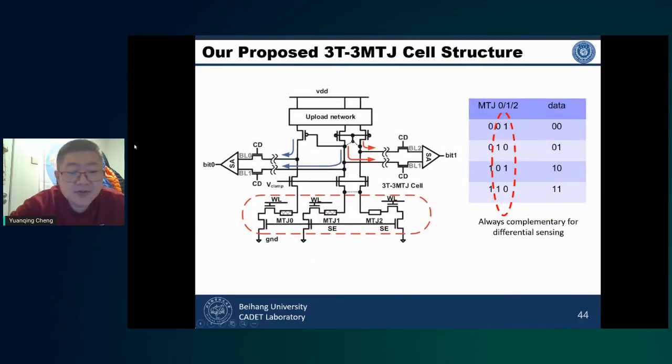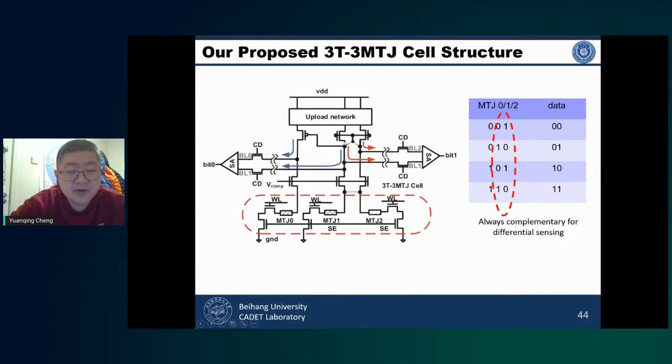In our scheme, we try to combine the benefits of the two previously mentioned cell structures. In this figure, we try to read out the data through different readout schemes. In this structure, we use 3 MTJs to store 2-bit data.